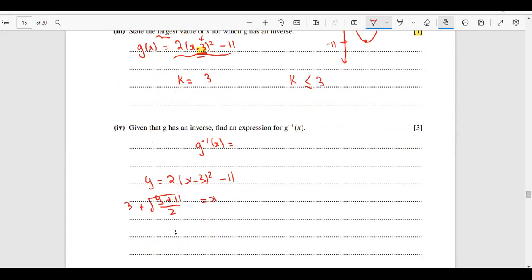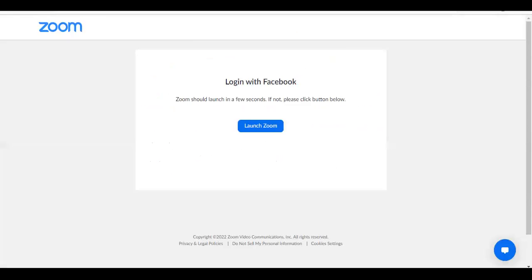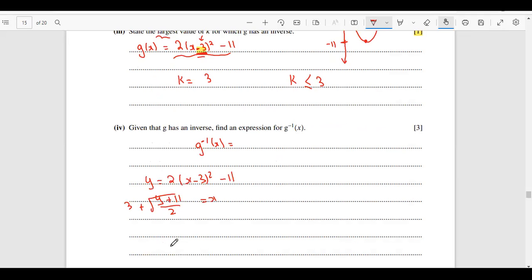Once x is the subject, I can write it this way: g inverse of x, I've replaced x with g inverse of x, equals 3 plus under the root x plus 11 by 2. This is how we do it.